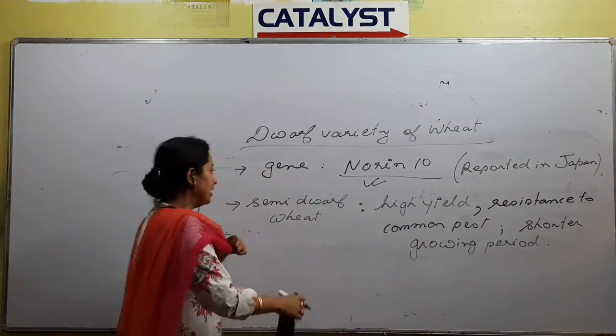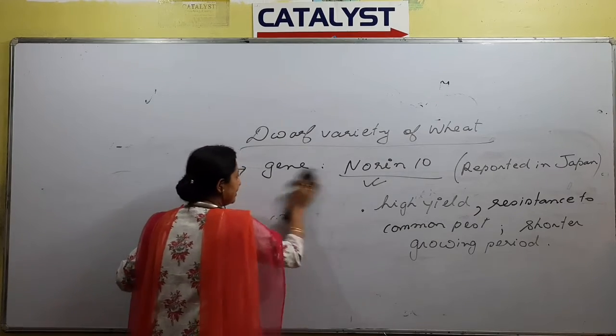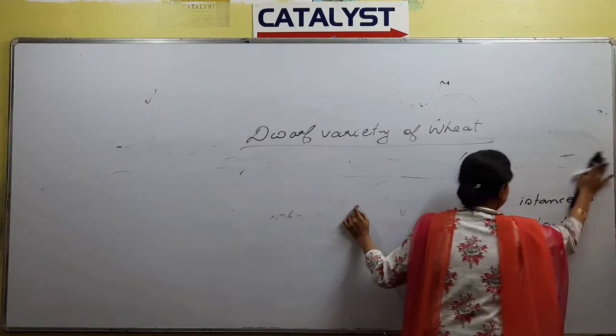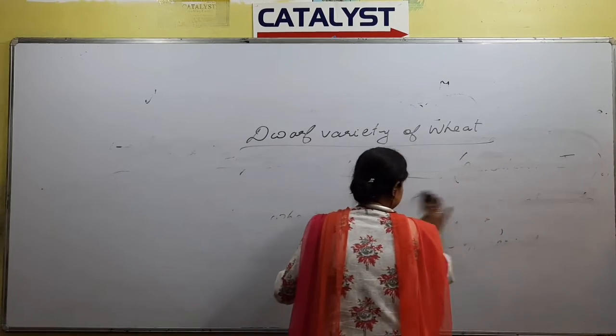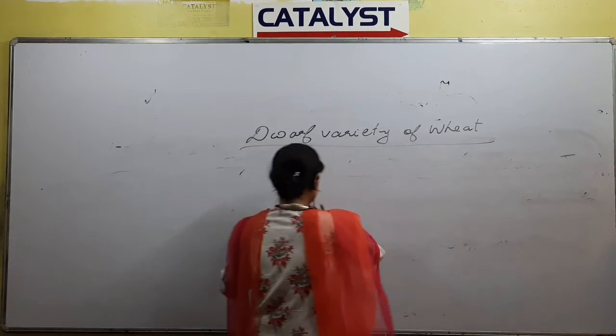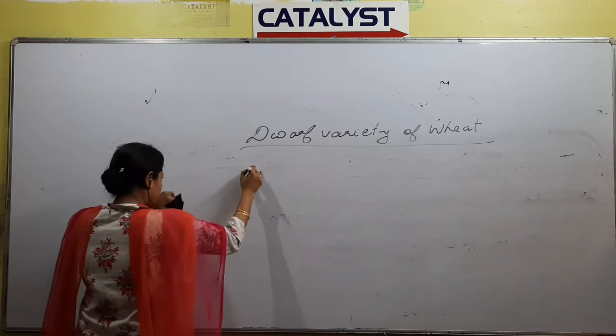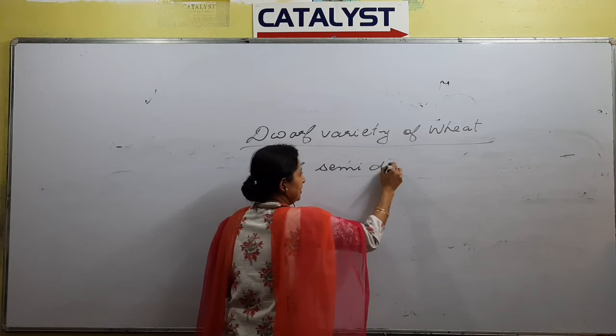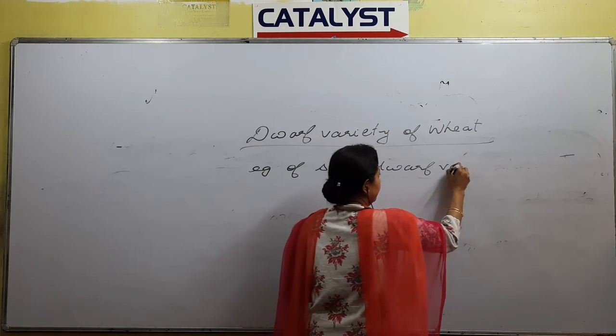Next, what we need to remember is certain examples of these varieties. Examples of semi-dwarf variety of wheat.